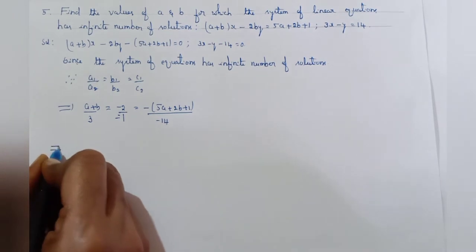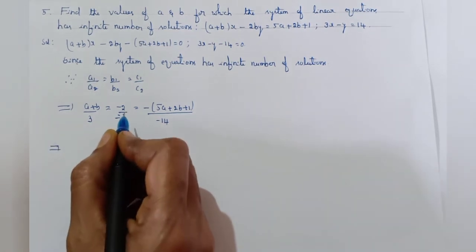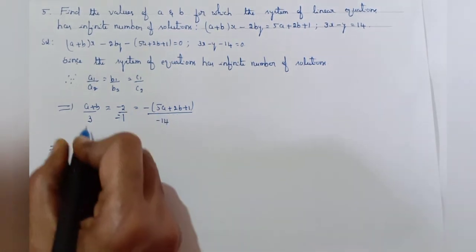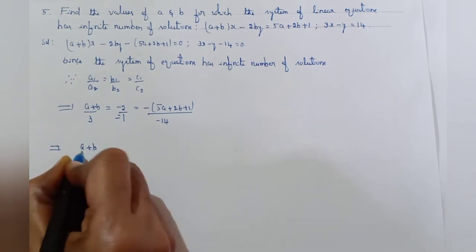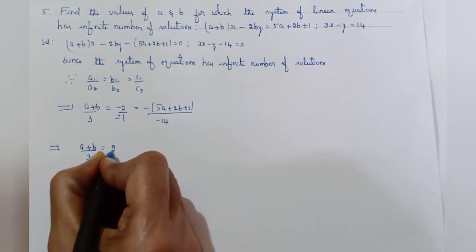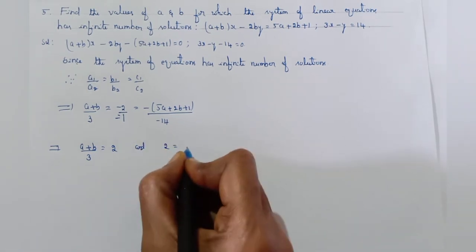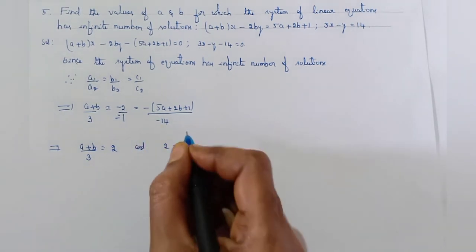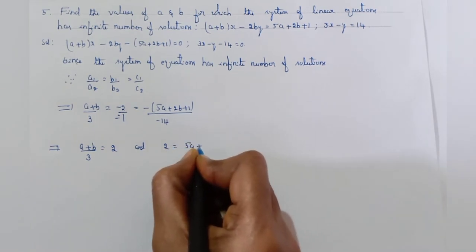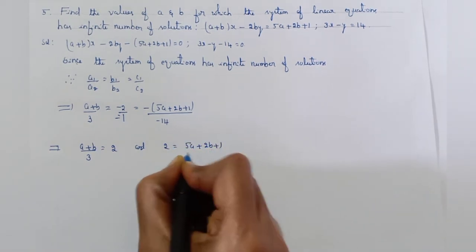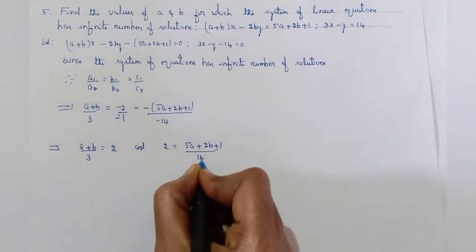Now equate the first and second ratio and second and third ratio. So a plus b by 3 is equal to 2 by 1, that is 2, and 2 is equal to, minus and minus get cancelled, 5a plus 2b plus 1 by 14.